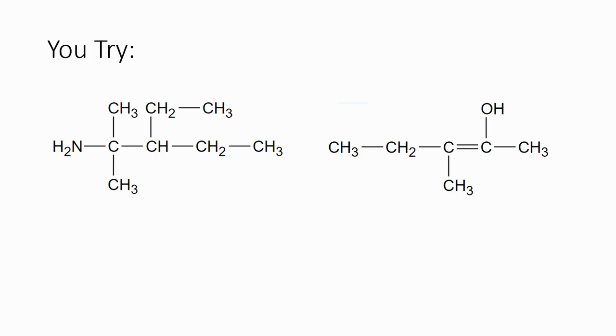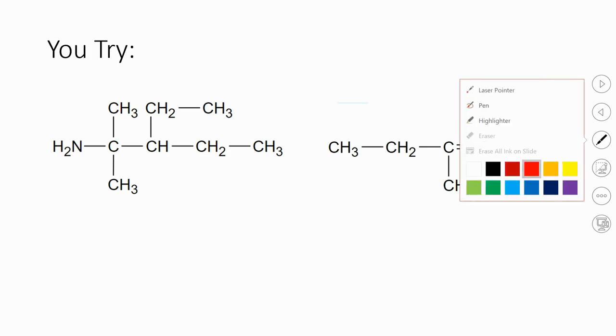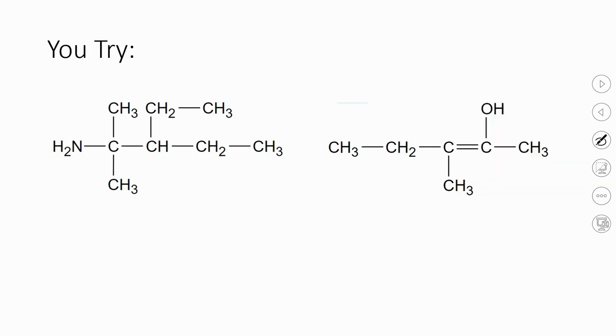Okay, let's go over it. I like to label the carbons with numbers. So 1, 2, 3, 4. We have 4 carbons on our main chain, and we have a nitrogen.